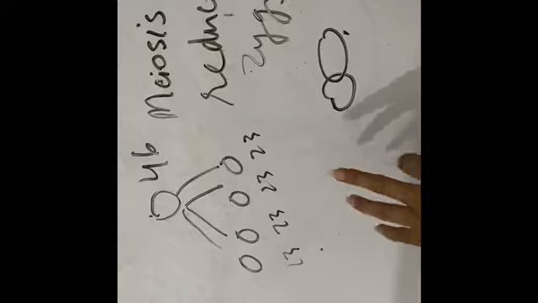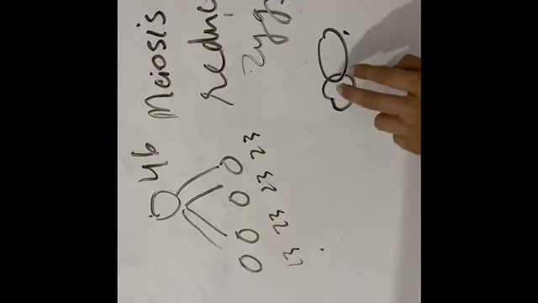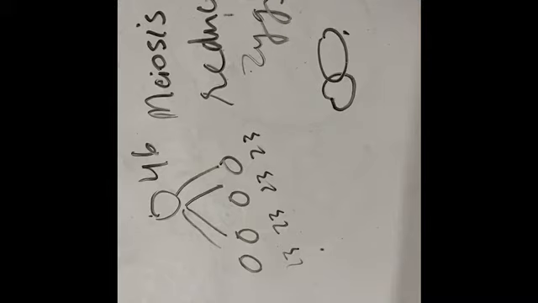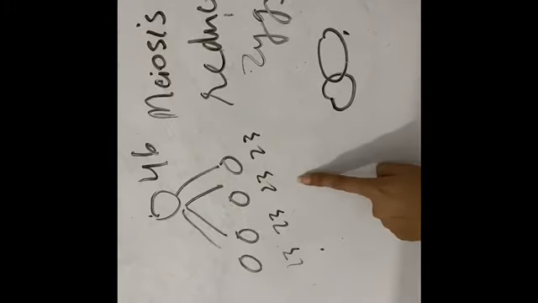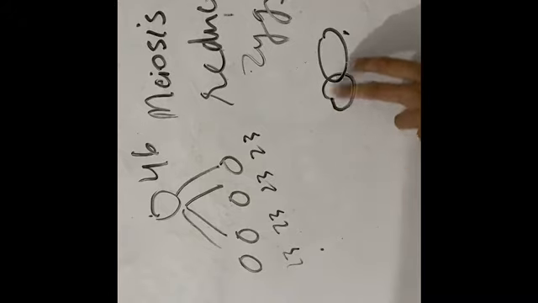So if the cells were already having 46, then the baby would be having 92 chromosomes. That is quite an abnormal situation. So while the gamete formation takes place, one gamete should consist of half the number of chromosomes only, so that 23 of male and 23 of female combine together and give rise to an individual having 46 chromosomes, which is quite a normal thing, right?